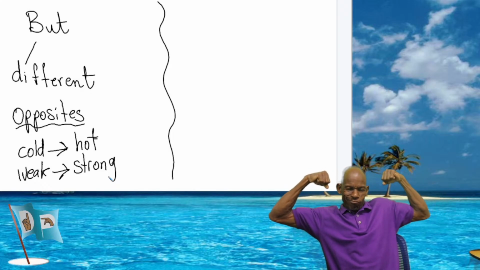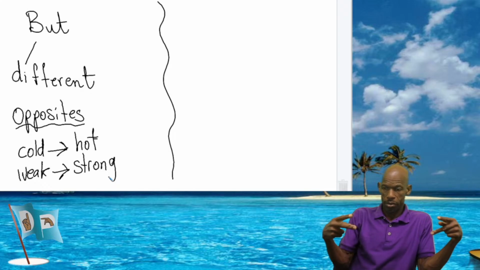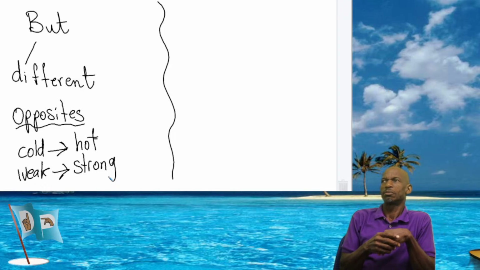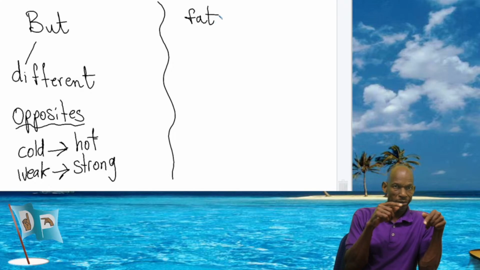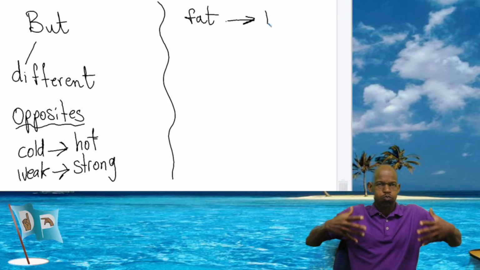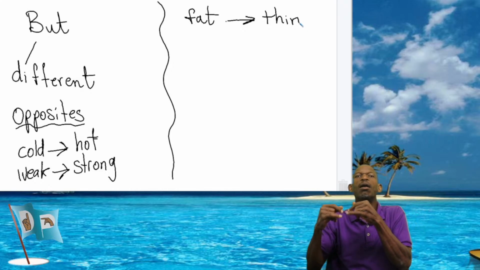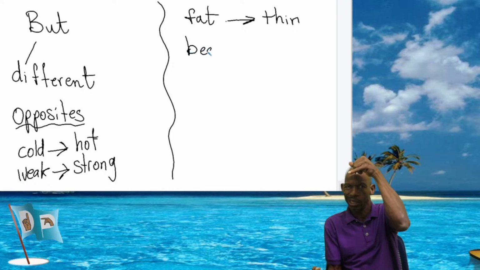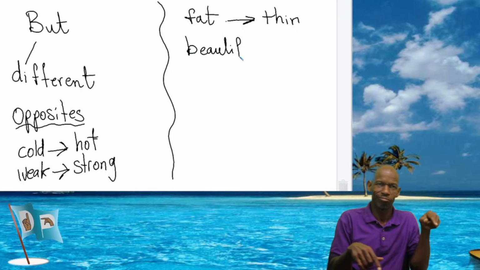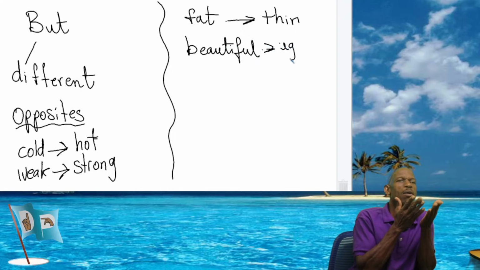I've just given these two examples to show you how we use it. I'll give you two more. Fat. The opposite of fat is thin. Right? Beautiful. The opposite of beautiful, ugly.